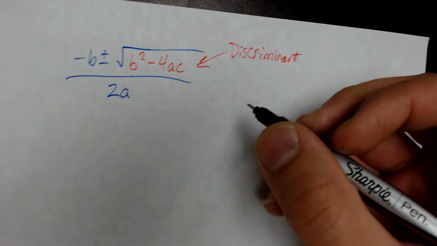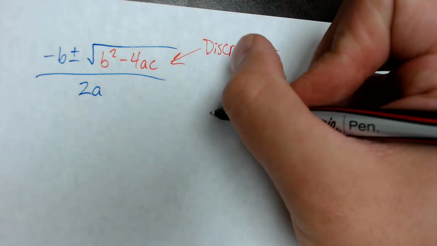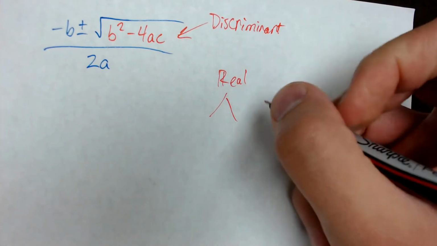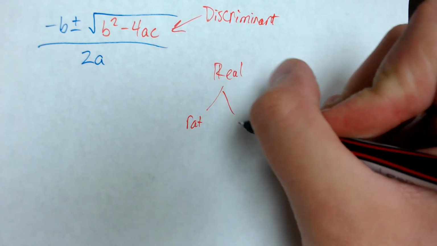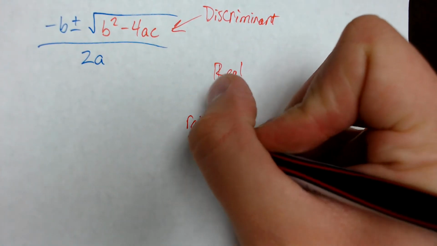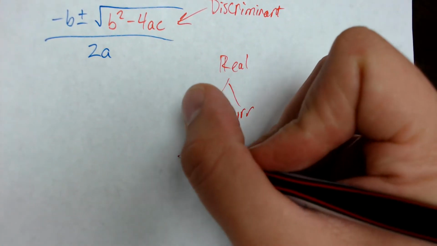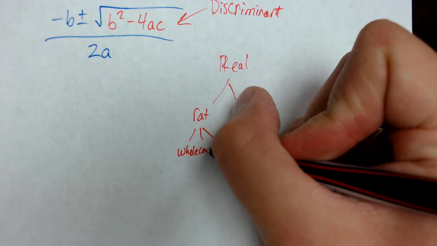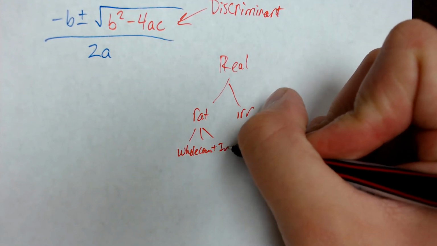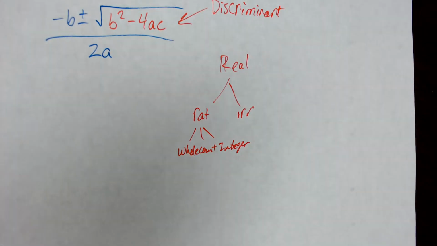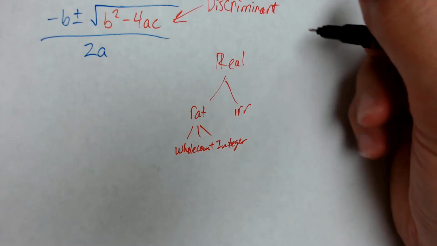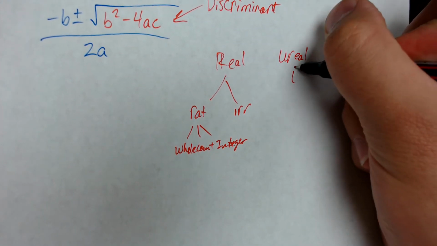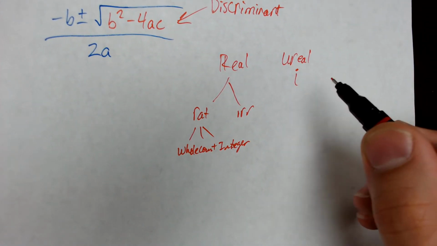So, if we remember our breakup of numbers, we have real numbers, right? And the split of real, we have rational and irrational, and then in rational we have wholes, counting, and integers. Outside of reals, over here we have unreal numbers, which is where our number i lives, our complex numbers, right?